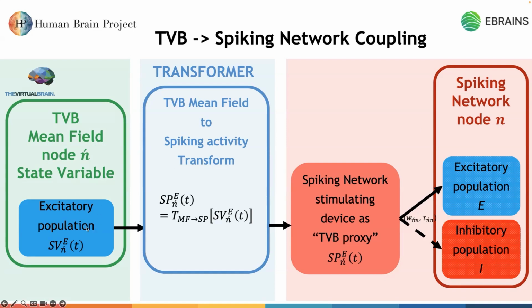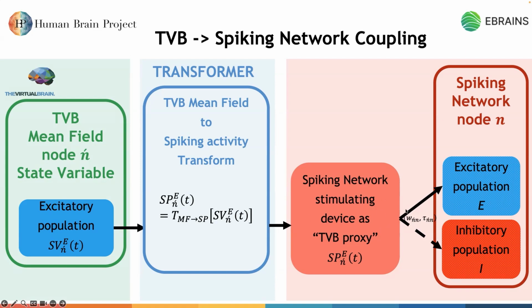So for instance, if this is mean activity, we take it through a transformation and it's converted into spikes. And then these spikes are given as input to this TVB proxy. We use the word proxy because it's a proxy of this node, right? It's the proxy of the N prime node.